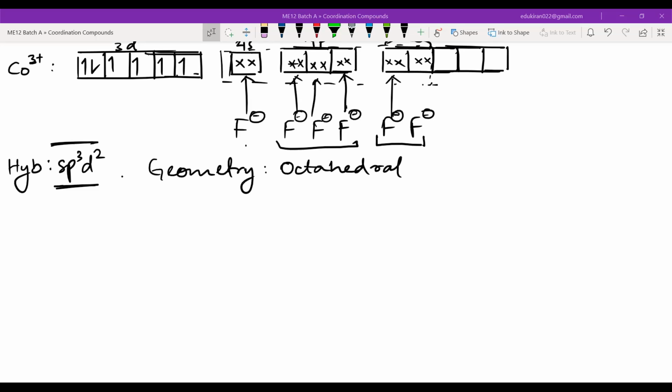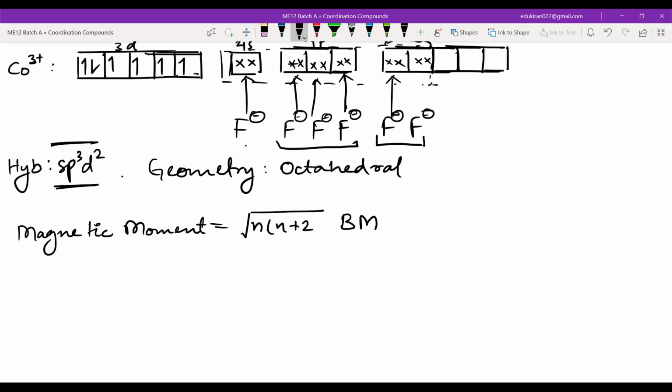Okay, so the magnetic moment is equal to, this is also in 11th standard, you must remember this, the square root of n into n plus 2, and the unit is BM, that is Bohr magneton.